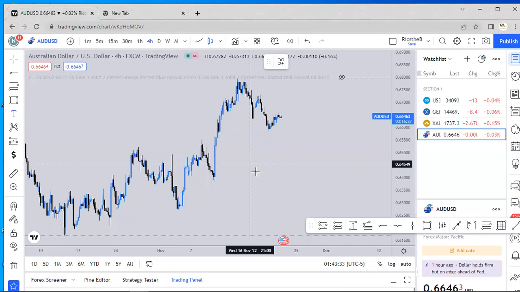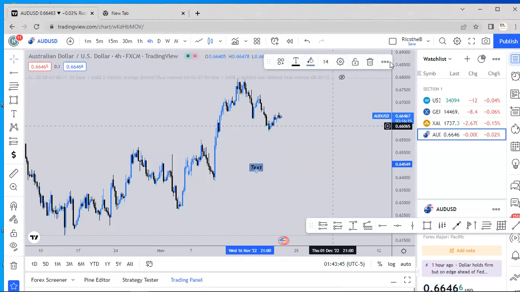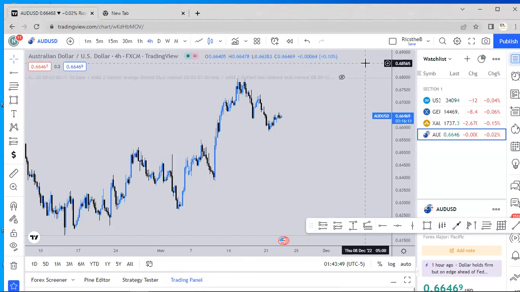What do I mean? For market movers, and market movers are the big players, to place their positions, if they are selling, they always sell at the highest prices. And if they're buying, they will always buy at the cheapest prices.